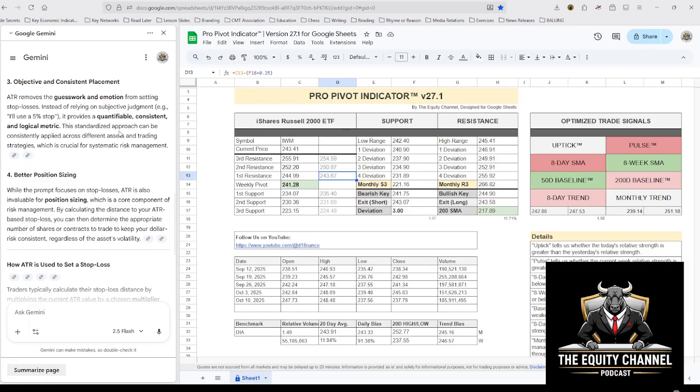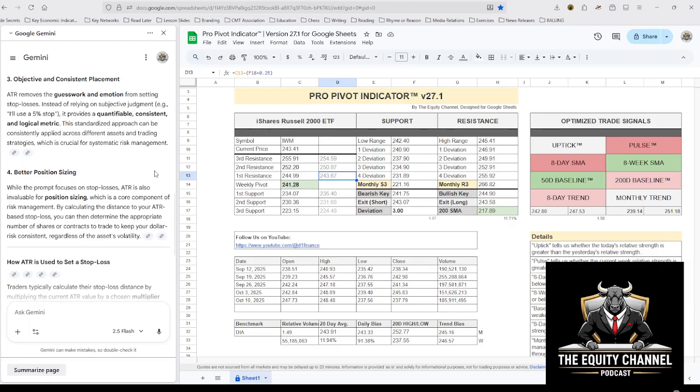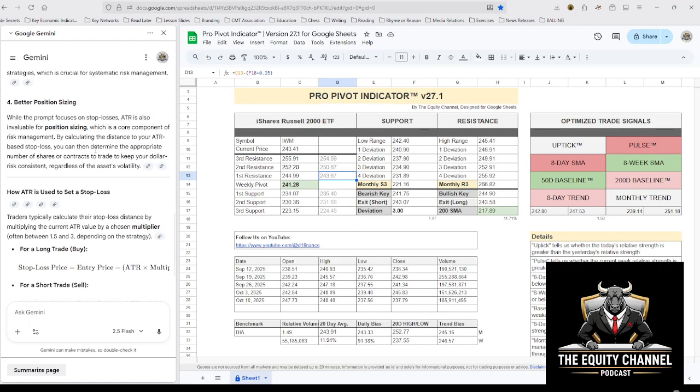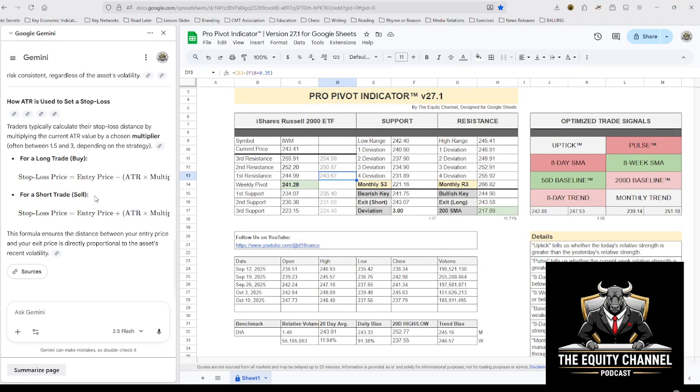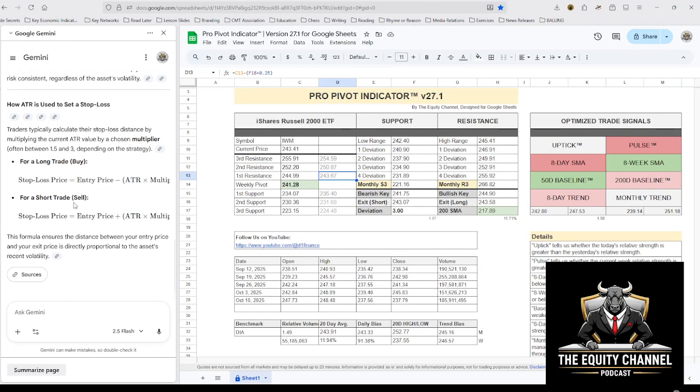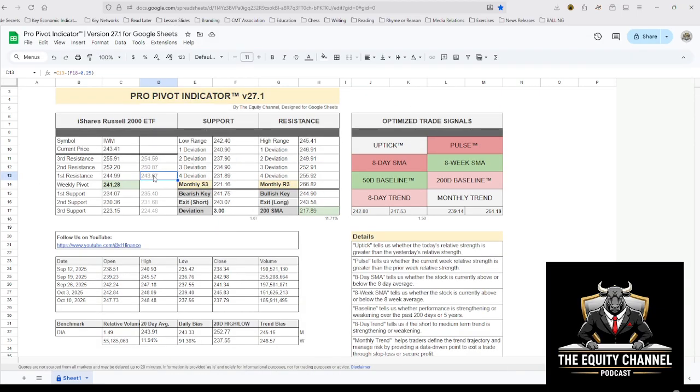This standardized approach can be consistently applied across different assets and trading strategies, which is crucial for systematic risk management. Then it says better position sizing. We're not really going to get deep into that one. And you have pretty much the same formula here: your entry price minus the ATR times a multiplier. That's pretty much what we use.